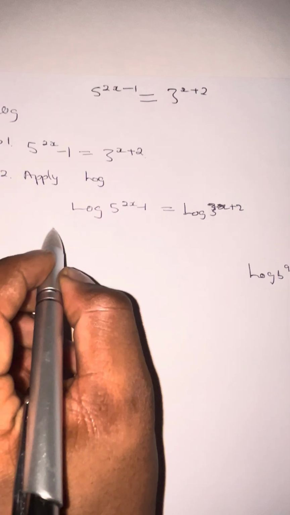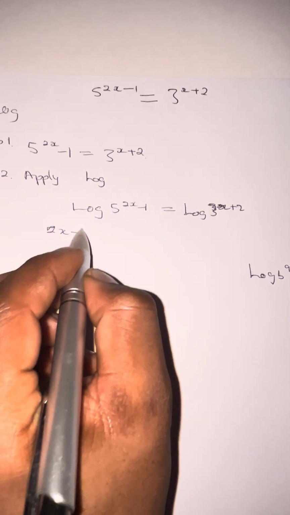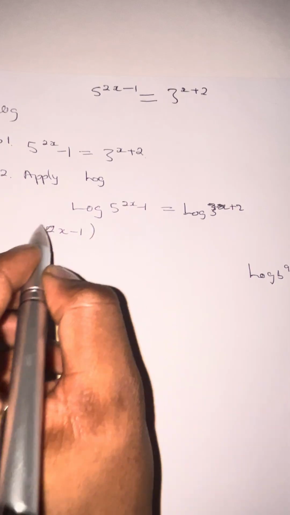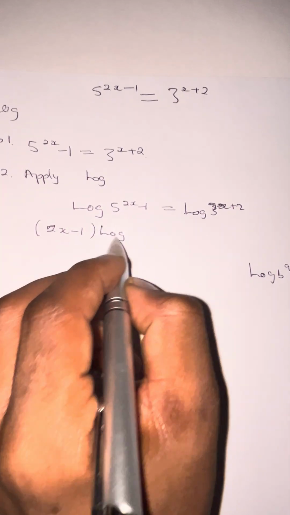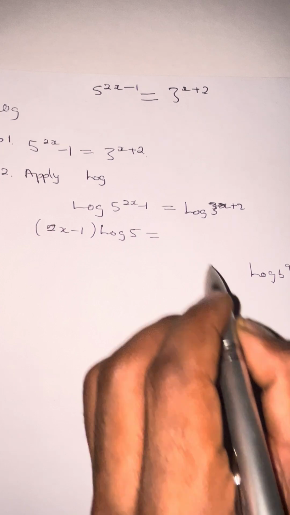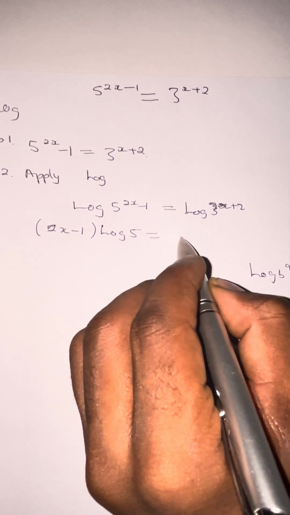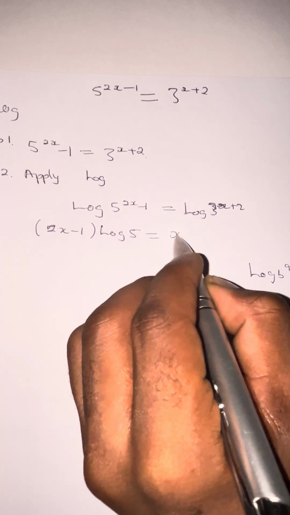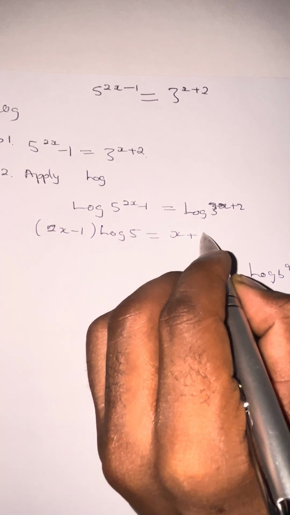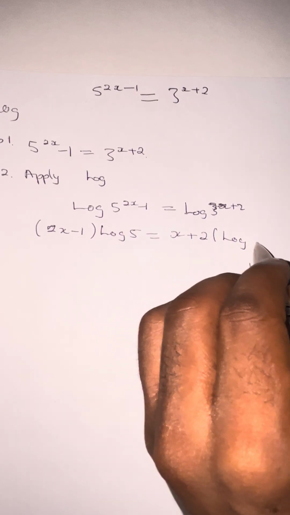We say (2x minus 1) log 5 is equals to (x plus 2) log 3.